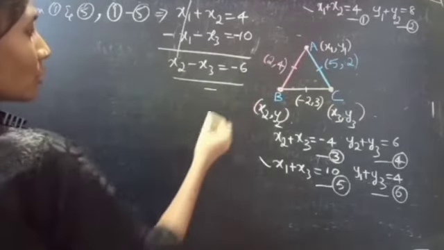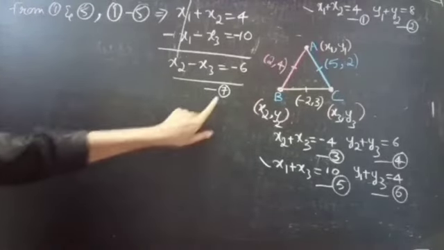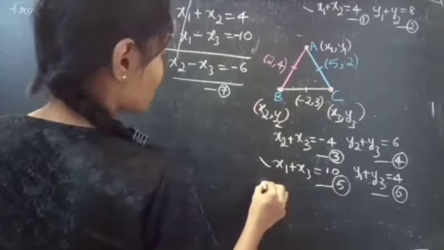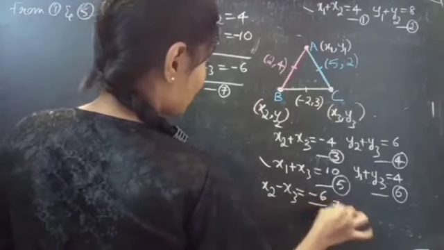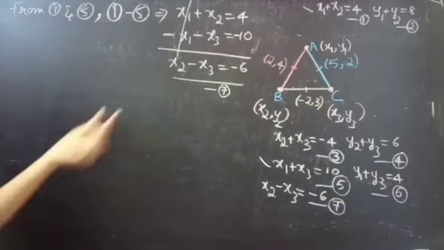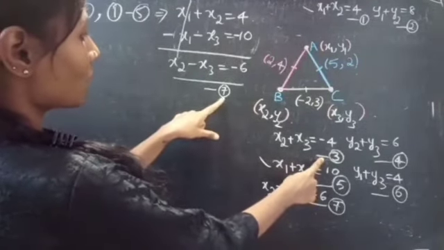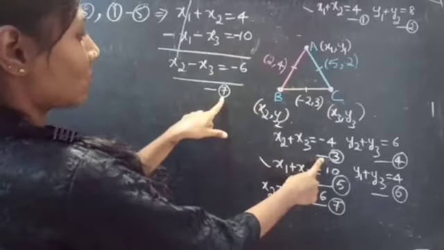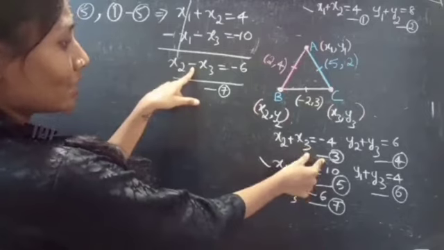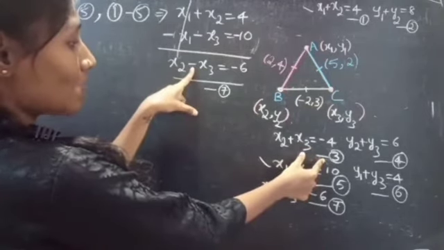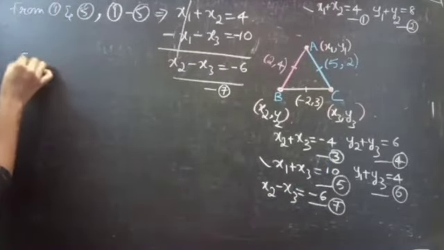So this is your equation number 7: x2 minus x3 equals minus 6. Here you're having x2 and x3, right? If you add equation 3 and equation 7, x3 gets cancelled, since you have plus x3 in one and minus x3 in the other, and you can get the value of x2.